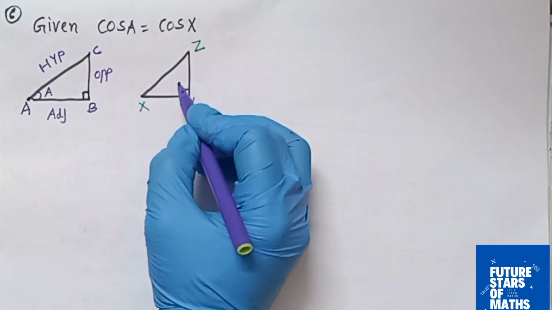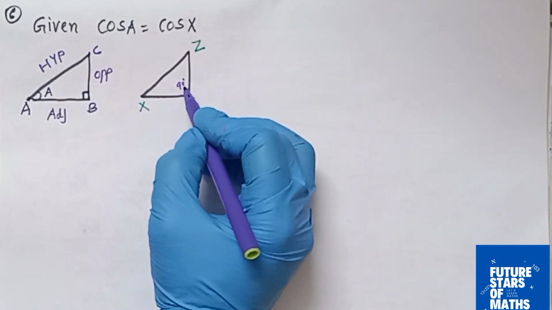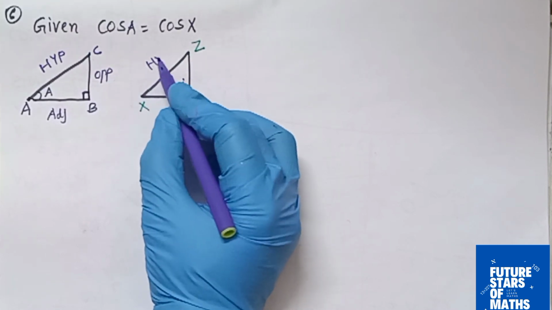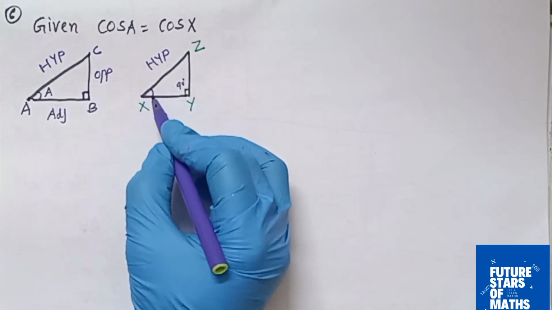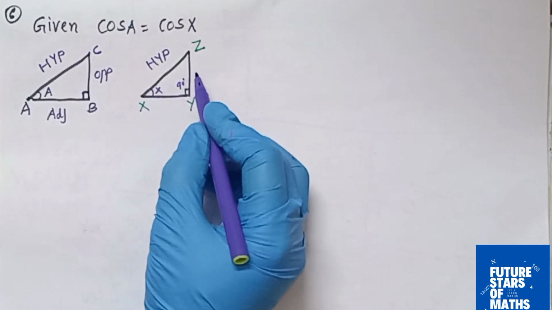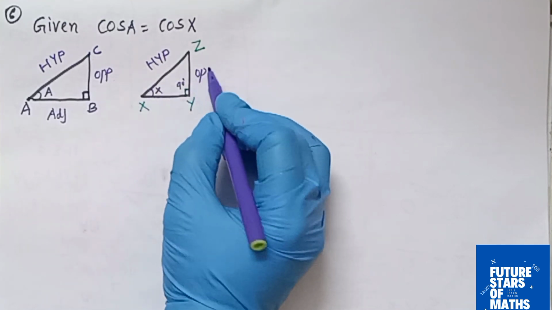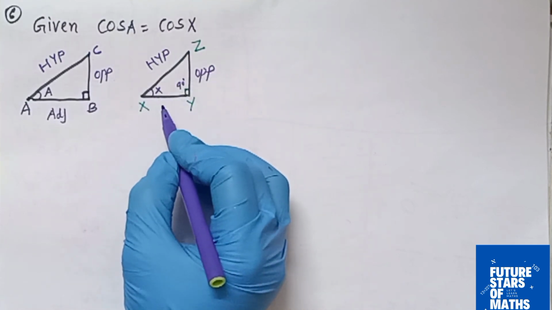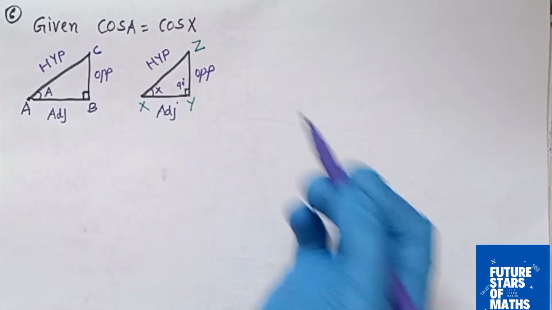Similarly, here is 90 degrees, so the side opposite to 90 degrees is the hypotenuse. If we take theta here, that is at X, then the side opposite to it is the opposite side, and the side adjacent to it is the adjacent side.